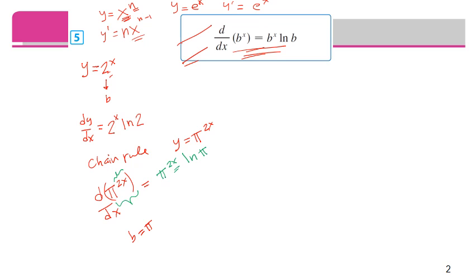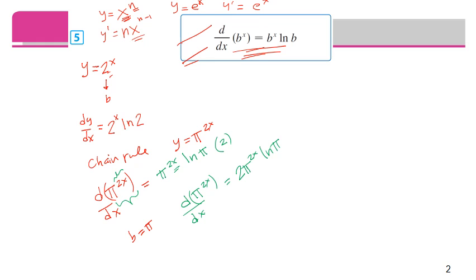But then, we have to find the derivative of this, which is 2. So, therefore, the derivative of pi to the 2x over dx is equals to 2 pi to the 2x ln of pi.